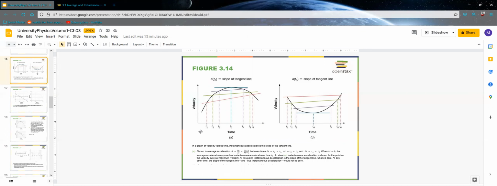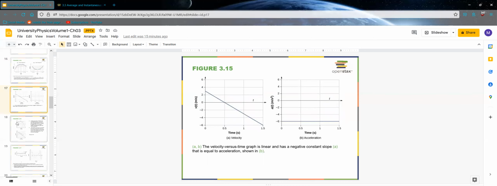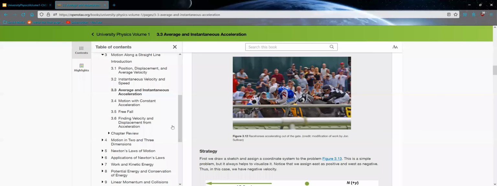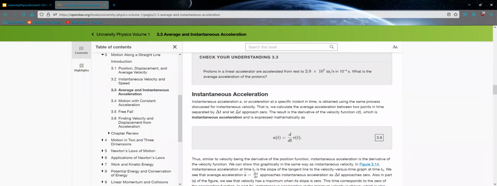Again, I'm making the assumption that since you came to the physics with calculus class, you know what a derivative is. But graphically, the stuff's all going down. Doesn't matter what's happening with the velocity. If it's decreasing or increasing, you can still take all these measurements the exact same. Right? Cool. Example 3.6. Let's go through that one.